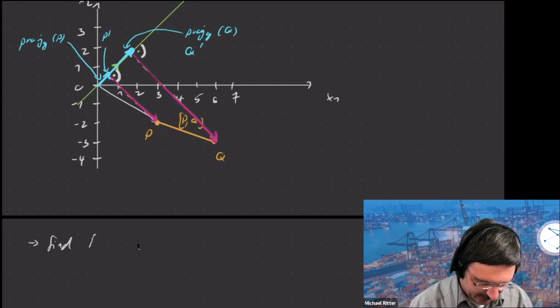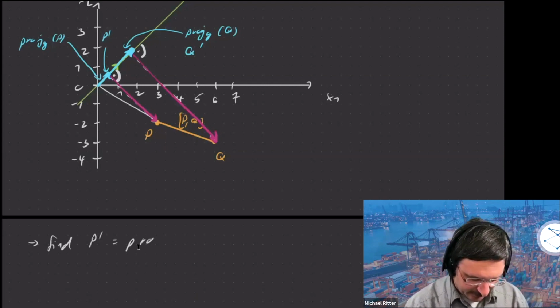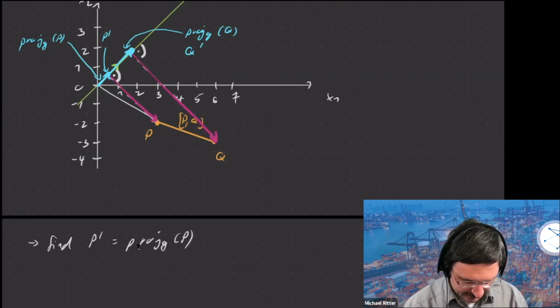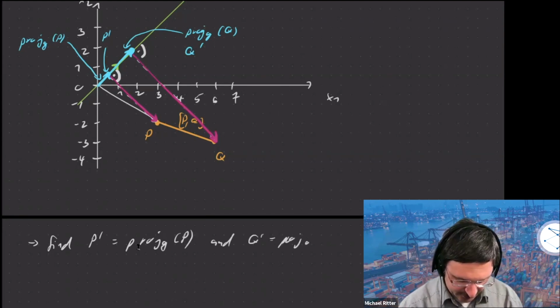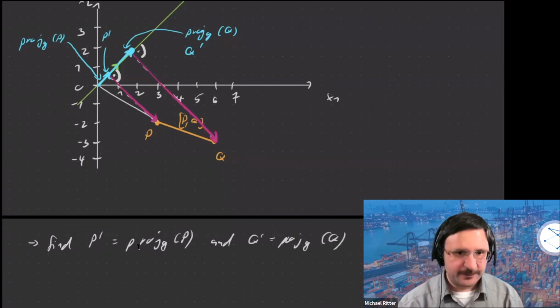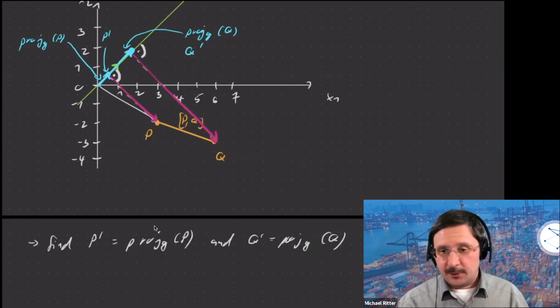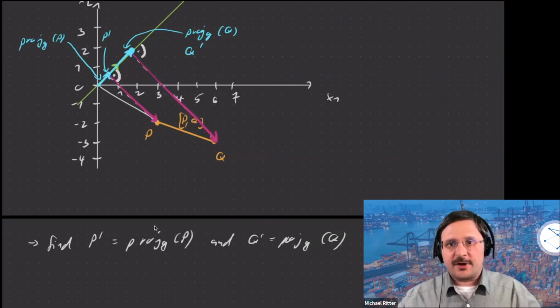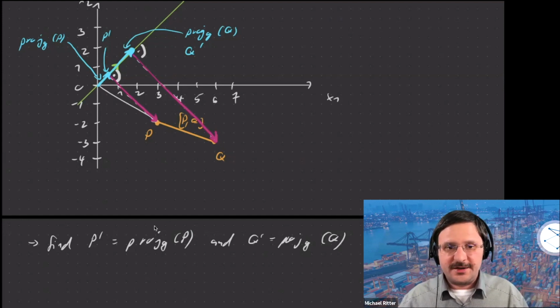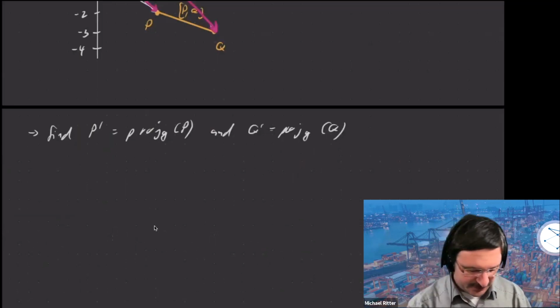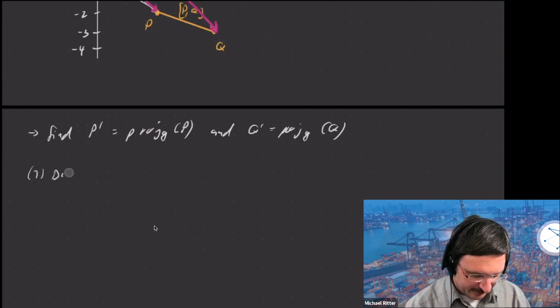P prime is going to be the orthogonal projection onto G of the point P. And Q prime is going to be the orthogonal projection onto G of the point Q. And to compute an orthogonal projection, what we need first is an orthonormal basis of the space that we're projecting onto. So the first step here would be to determine an orthonormal basis of that space G.